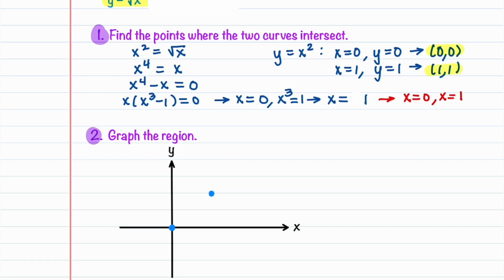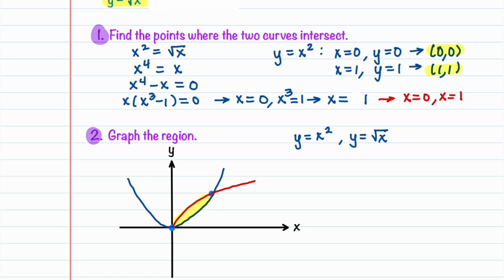Our two curves are y is equal to x squared and y is equal to the square root of x. y is equal to x squared looks like this. And then y is equal to the square root of x looks like that. So the region between these two curves is this region right there.